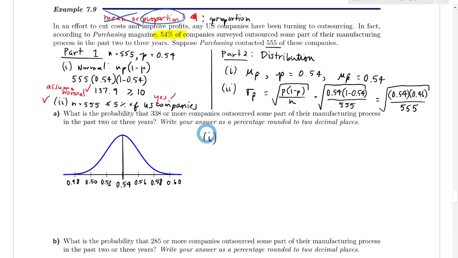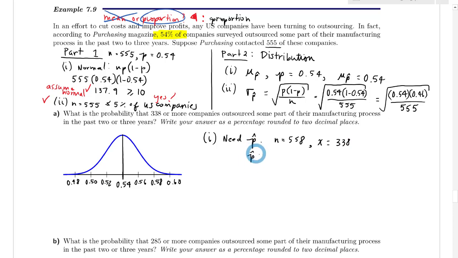So let's see. The first thing I know is I need a proportion, right? Because I don't really have a proportion here. So I need a p hat. So I do know that 338 or more. So if n is equal to 558, then I know I'm observing the characteristic of 338 companies outsourced their manufacturing process.